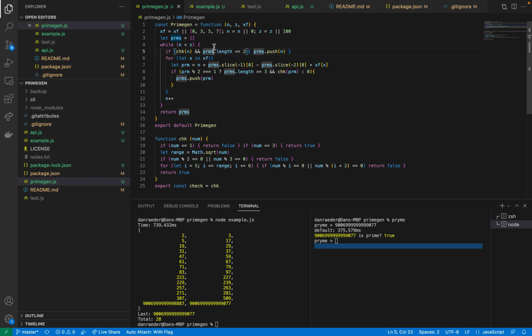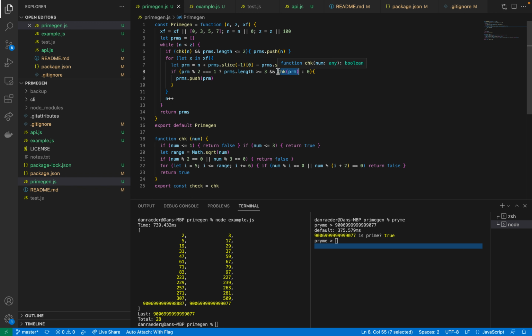So while it's less than z, it'll check the first few numbers with my prime checker function, and if they're prime, it'll push them into the array. And then from there, it doesn't use check necessarily. This is the whole algorithm for the most part until it thinks it has a prime, and then it will check it. I think that that's inevitable. It is technically generating the numbers, but it has to check them.